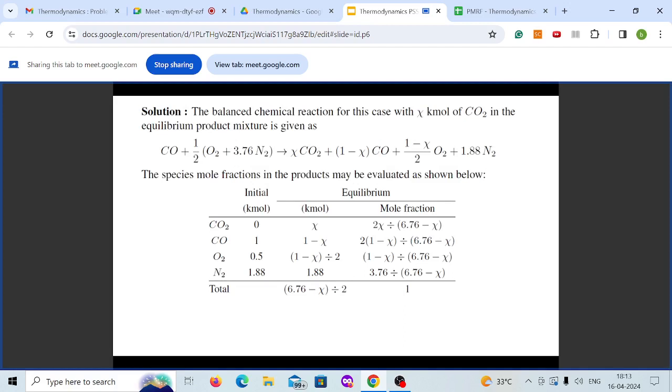So now, similarly, we assume that we have x kilomoles of CO2. You can assume any component as x, but here we are assuming x kilomoles of CO2. Your reactants are CO, which is reacting with a stoichiometric amount of air.